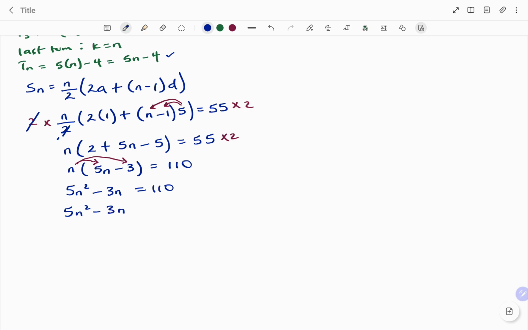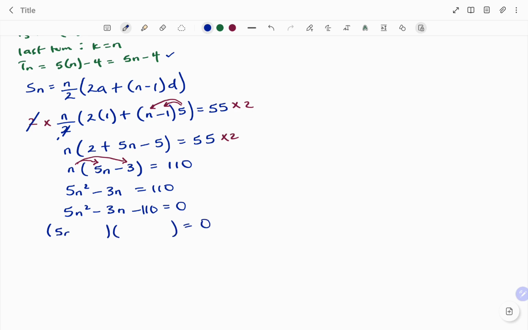That's moving my 110 to my left hand side. That becomes minus 110 equals 0. To simplify, I'm going to look for factors of 5 times 110.